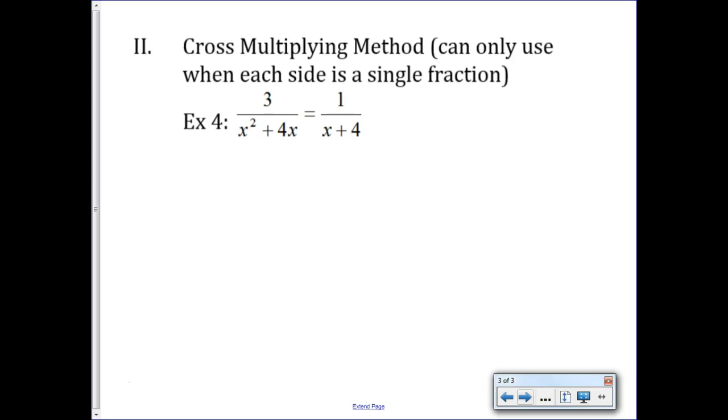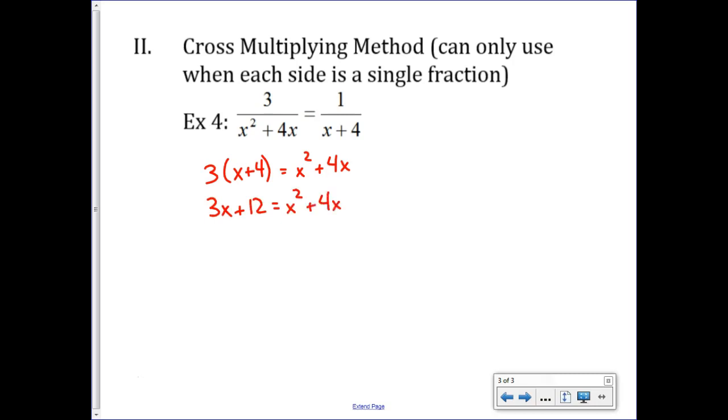So when we cross multiply, I have 3 times x plus 4 equals 1 times x squared plus 4x. And since I'm multiplying by 1, I know that I really don't have to do that. So I get 3x plus 12 is equal to x squared plus 4x.